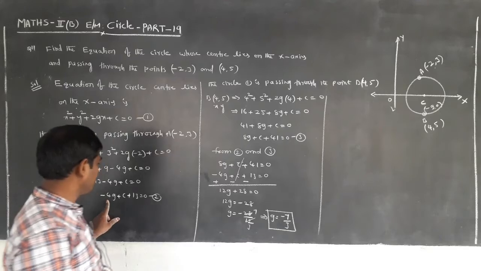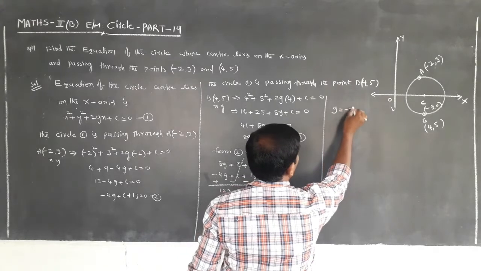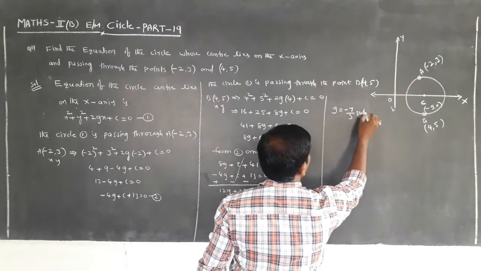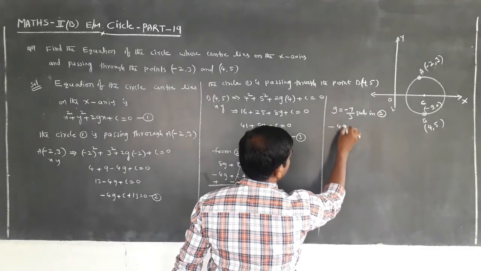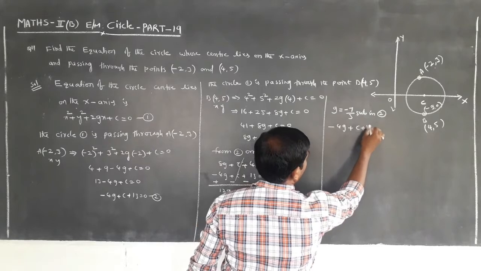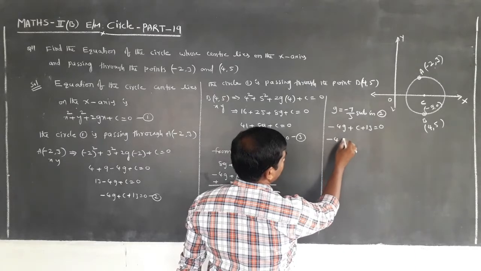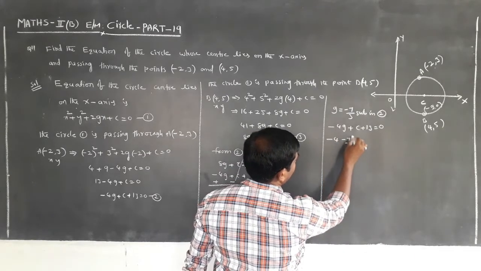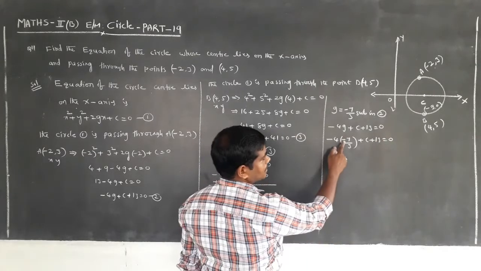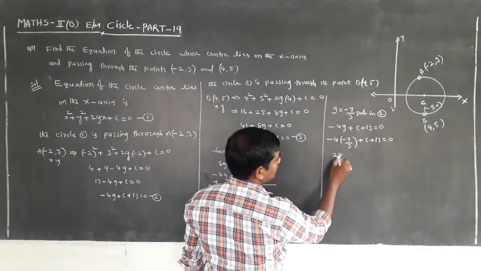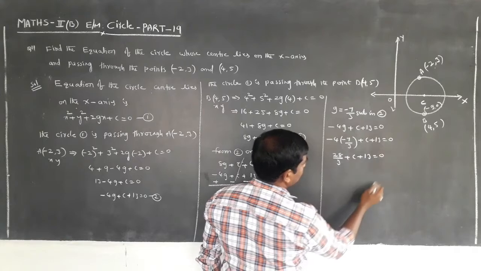Substitute g in equation number 2 to find the value of c. Equation number 2 is minus 4g plus c plus 13 is equal to 0. Minus 4 into g, that is minus 7 by 3, plus c plus 13 is equal to 0. Minus into minus is plus, 4 sevens are 28 by 3, plus c plus 13 is equal to 0.